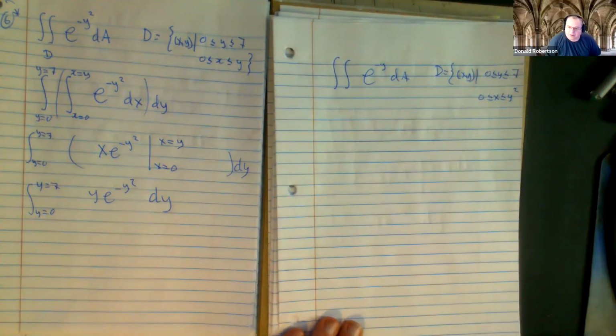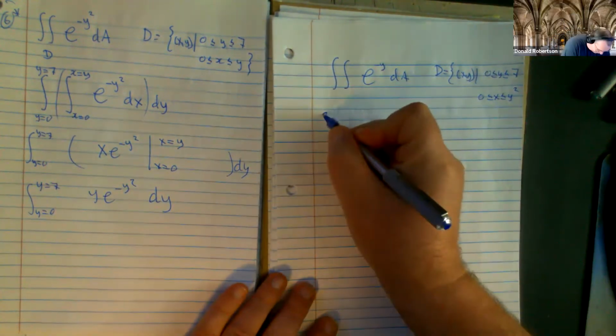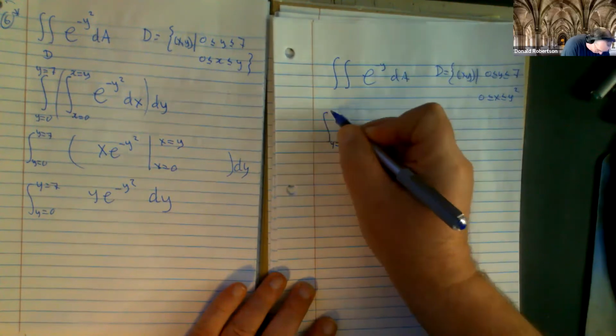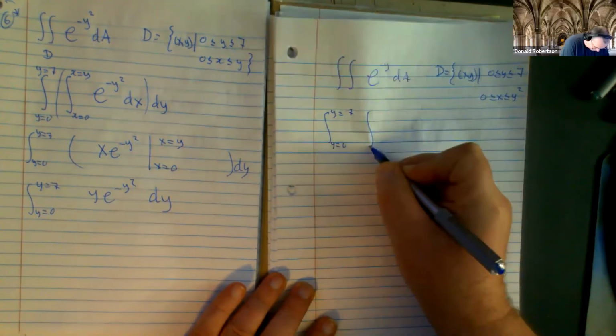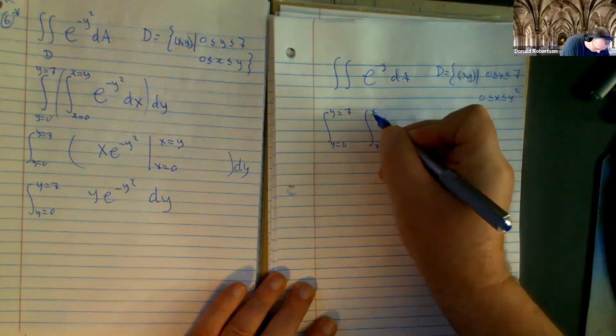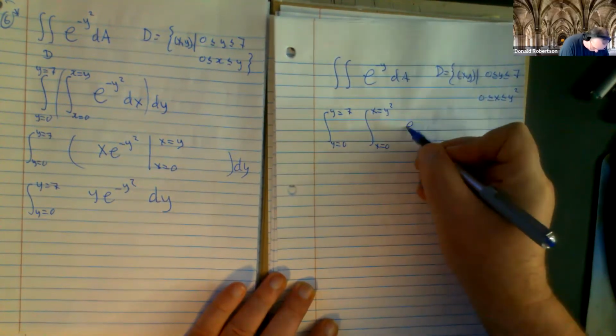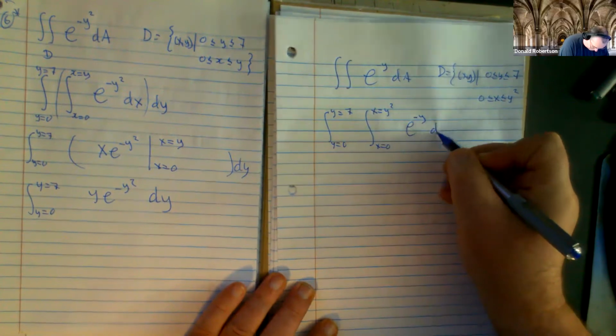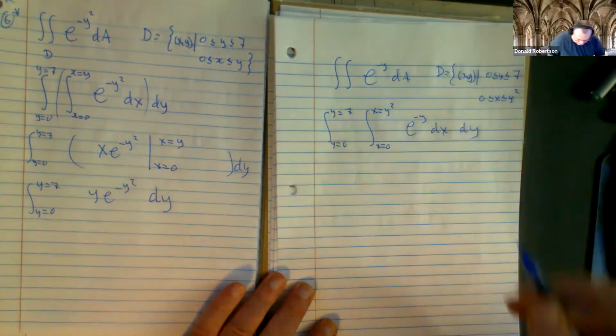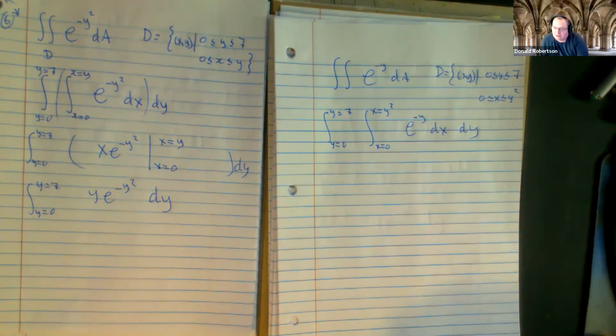Okay, now let's see what those changes do to the integral. Right, so not a lot of change there. Would you agree? Everything kind of goes the same places it went the last time.